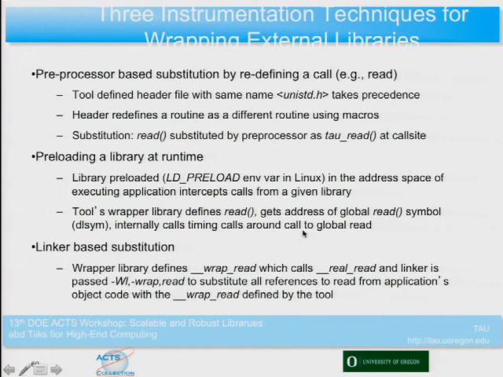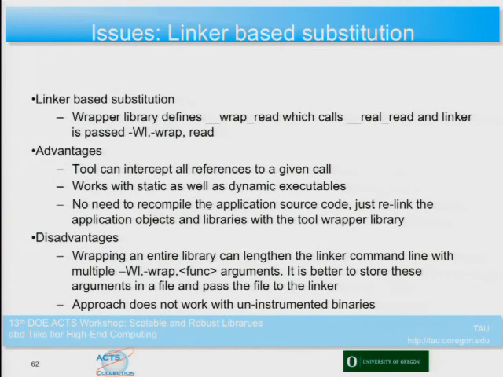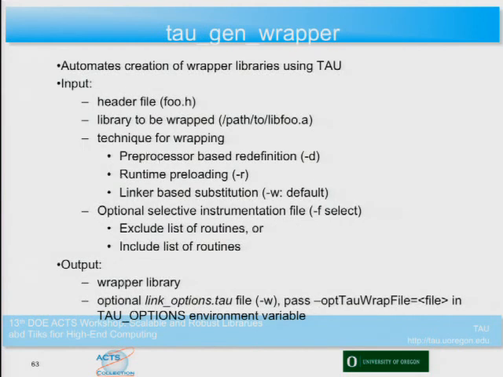Now, I'll not cover this right now, but it's important for you to know that if you have an external library that you want to instrument and you don't have the source code for that, you can still instrument it by using a tool called tau_gen_wrapper. It creates a wrapper library which can instrument the program in 3 different ways.